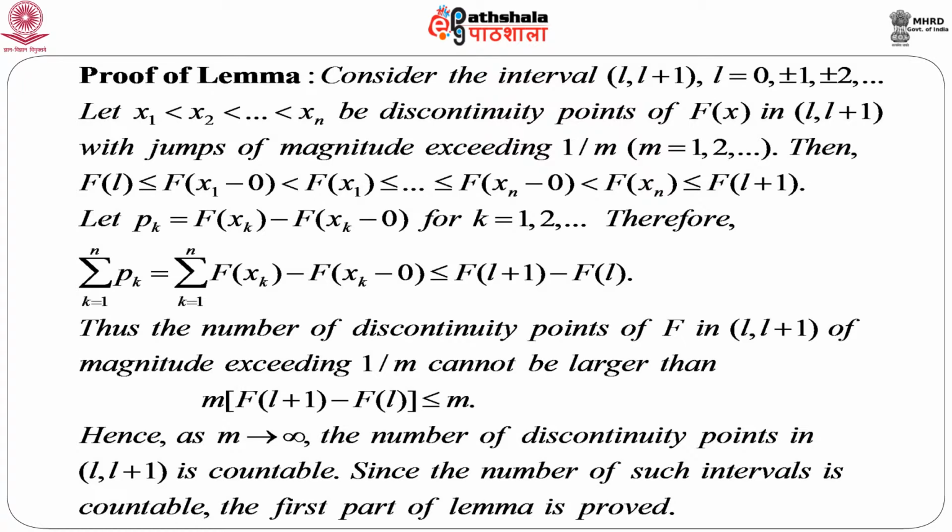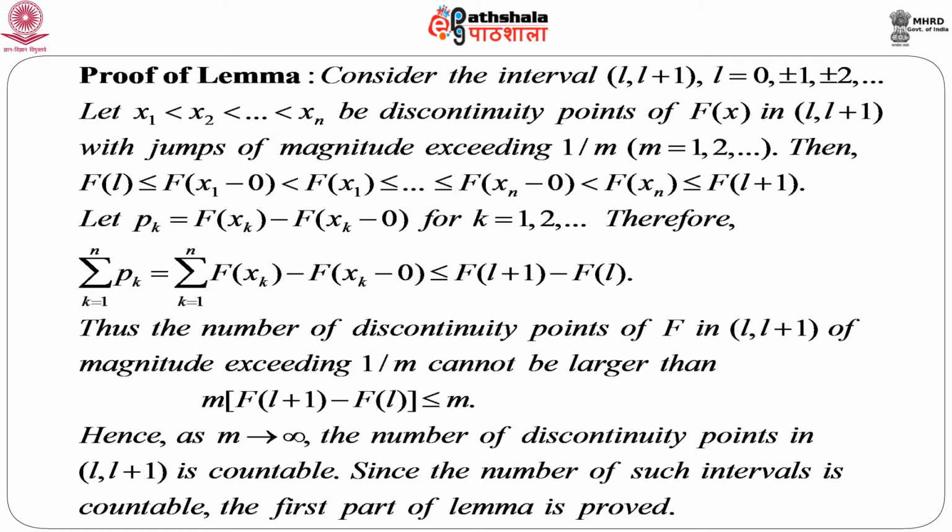Now, define p_k as F of x_k minus F of x_k minus 0 for k equals 1, 2 and so on. Therefore, we can immediately get the summation of p_k, k equals 1 to n, which is in fact less than or equal to capital F of L plus 1 minus capital F of L. Just a little bit of algebra using these two relations, we can get this.